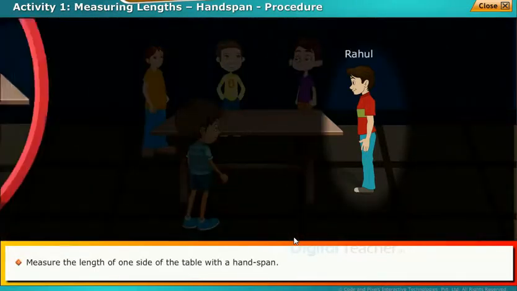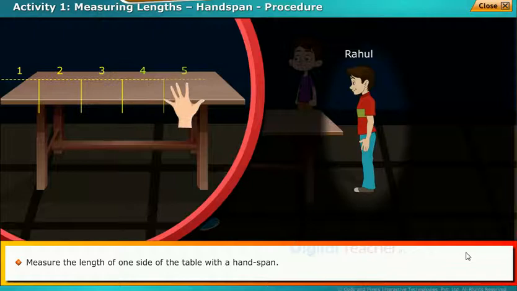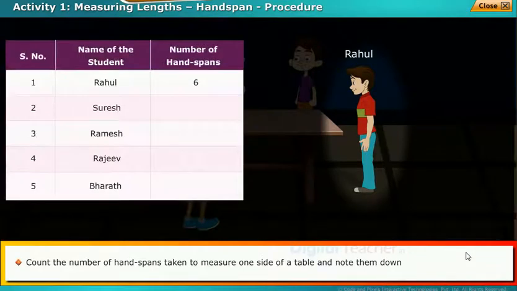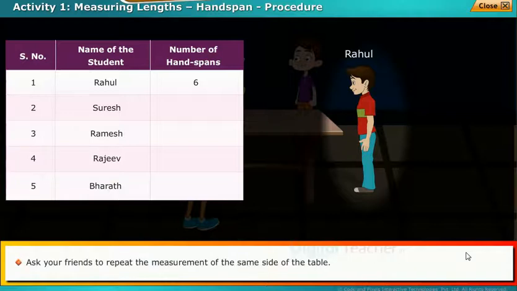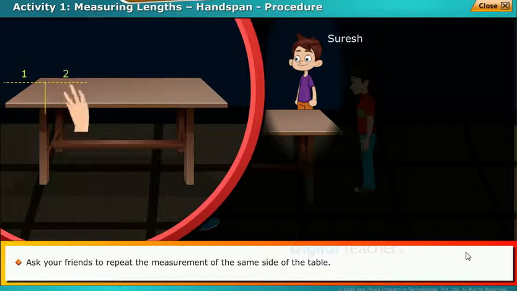Measure the length of one side of the table with a hand span. Count the number of hand spans taken to measure one side of a table and note them down. Ask your friends to repeat the measurement of the same side of the table.